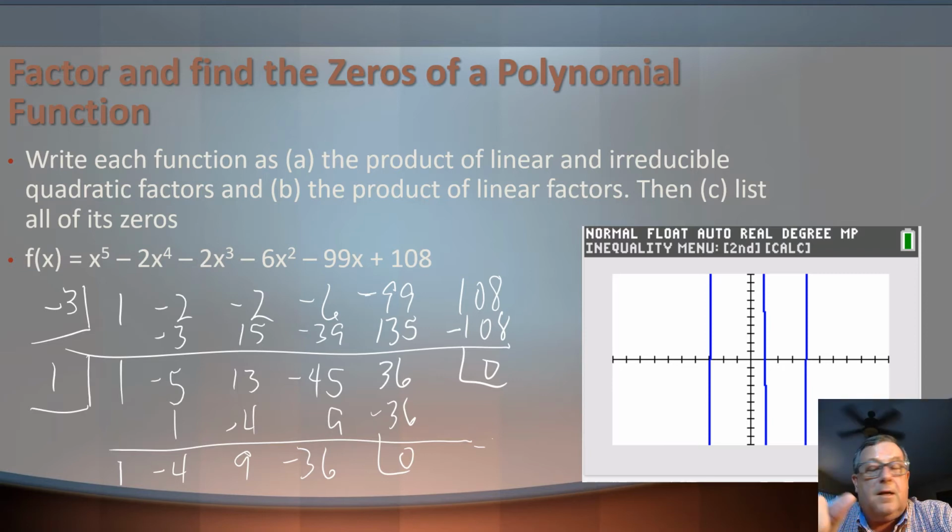Let me jot down that depressed polynomial. 1, -4, 9, -36, because we're going to divide it synthetically by 4. All right, so I got 4 in the box. And then my depressed polynomial, since I ran out of room, is 1, -4, 9, -36.